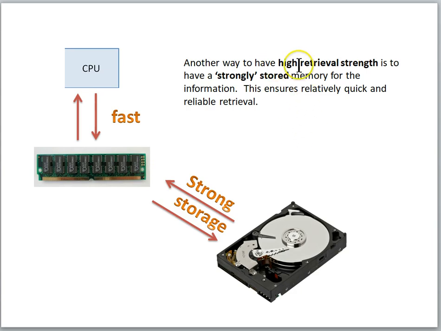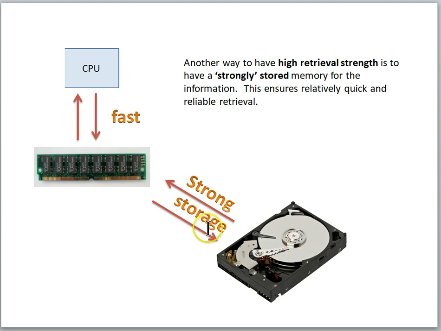Now, another way to have high retrieval strength is to have a strongly stored memory for the information. This ensures relatively quick and reliable retrieval. So again, the first way to have high retrieval strength is to have recently been processing it in your short-term memory system. The other way is to have it well stored in your long-term memory system.